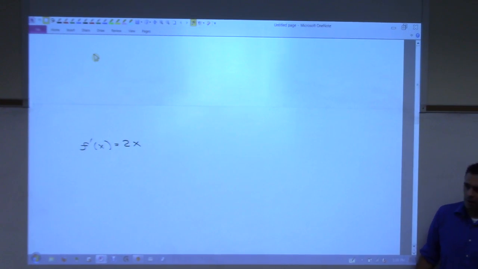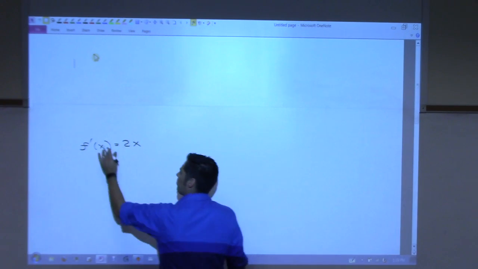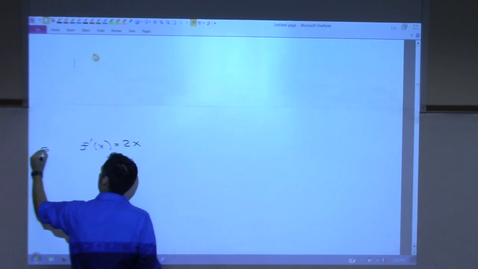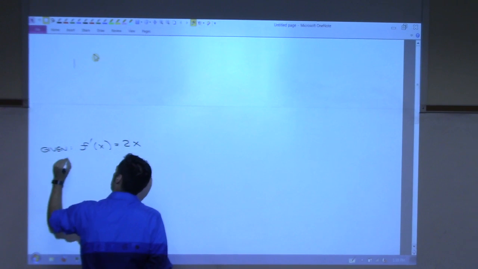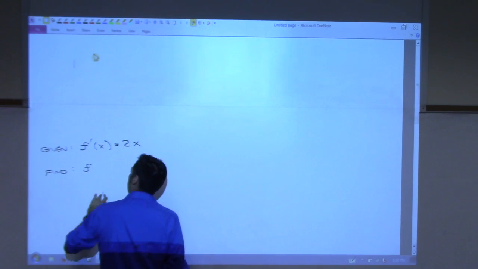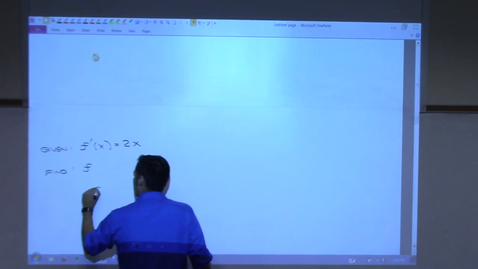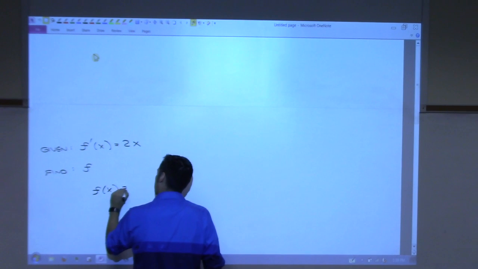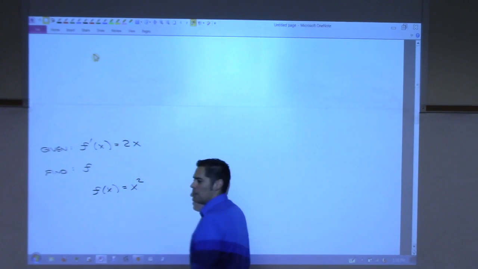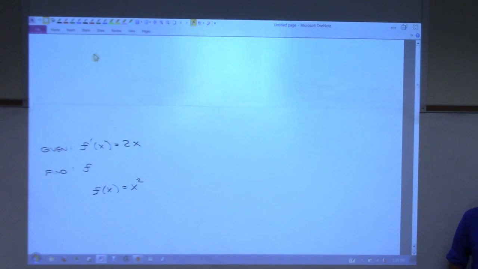X squared. Everyone agree? So if we're given this, we could be asked to find f. I heard the answer, well, of course, f of x must be x squared. Is that the only one that would have worked, though? What else would have worked?